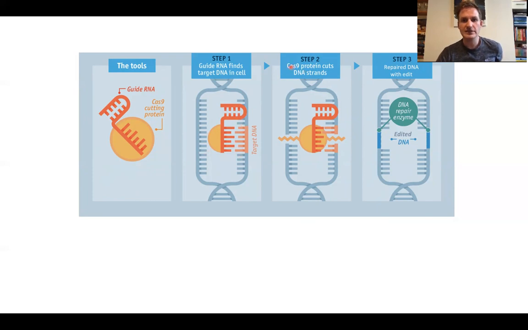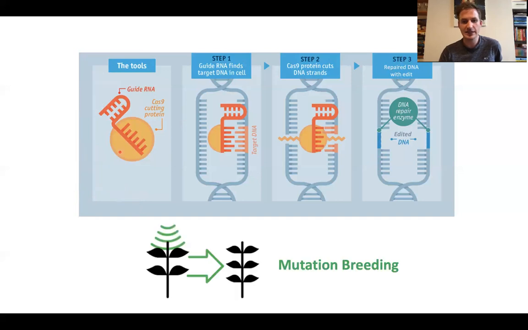The RNA finds the target, the Cas9 cuts the target. And then different DNA repair enzymes that are already present in the cell will then introduce the edit. And again, the RNA is your GPS, and then the scissors is your Cas9.